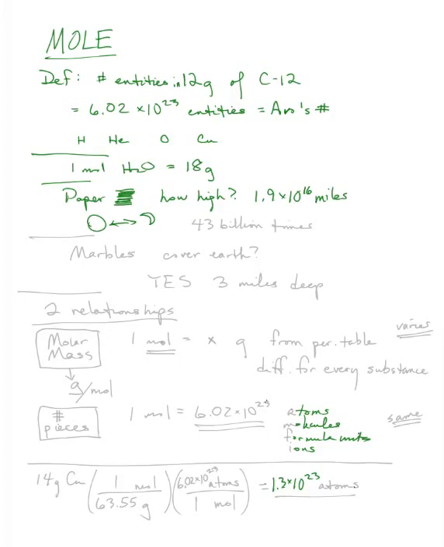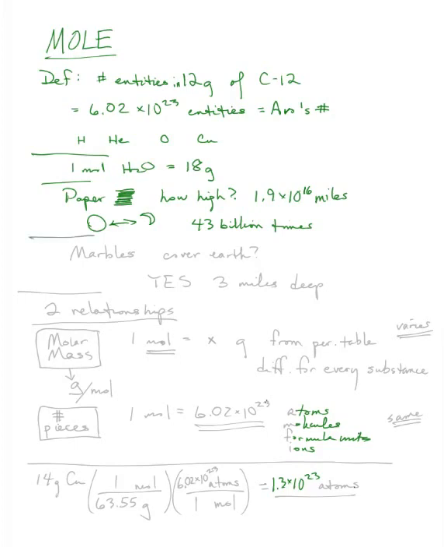How high is that? Well, a common way to compare things is, would that reach to the moon and back? Yeah. 43 billion times. So that is a long distance. And that's just if each atom were as wide as a piece of paper is thick. And that's not very thick.